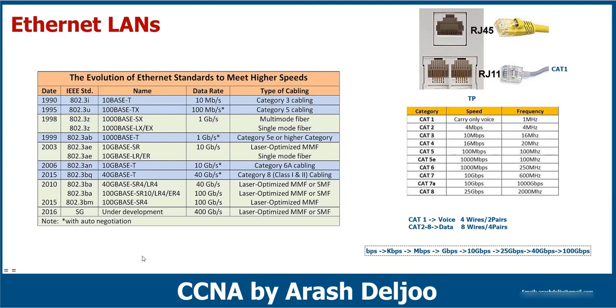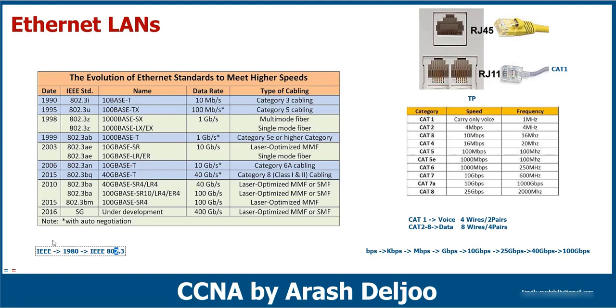Let me review. You know that the Ethernet was published by the IEEE in 1980. Okay, look at here, 1980. Because of that, the IEEE released the Ethernet with this standard, 802.3. 80 means the Ethernet was released in 1980, and 2 is the number of the month, February, because the Ethernet was released in this month.